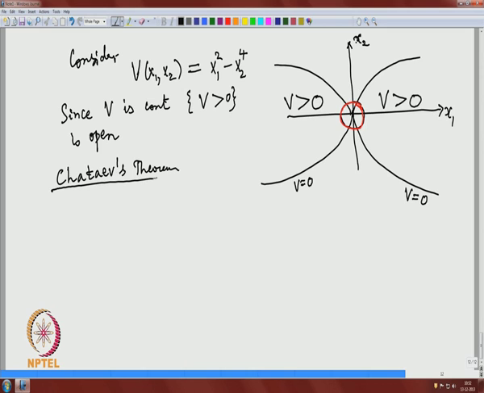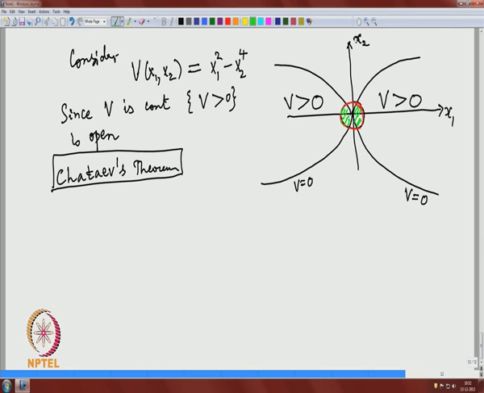Okay. So, recall that we already did it. So, the hypothesis of Chetaev's theorem is that every neighborhood of the origin contains a region where V is positive, which is clearly here. Okay. So, this is the region where it is positive.